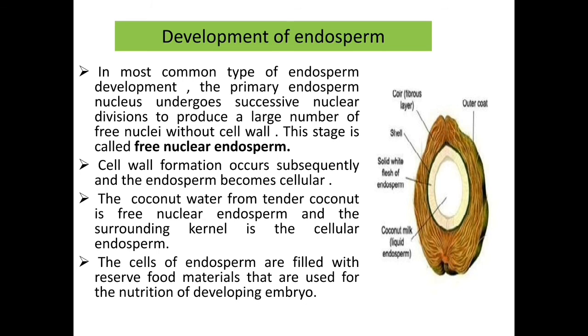Cellular endosperm means it contains cell wall, whereas free nuclear endosperm does not contain any cell wall, but has free nuclei. Okay, so we came to know about endosperm. I hope that you have understood. So thank you.